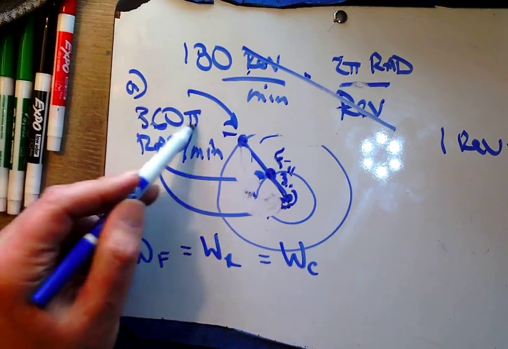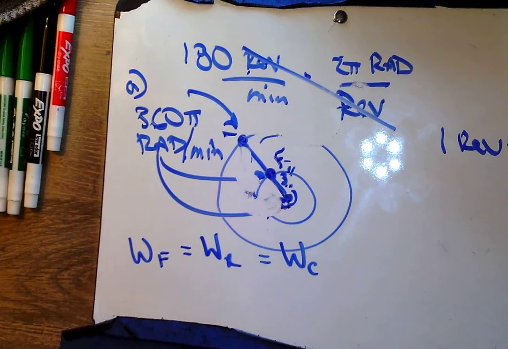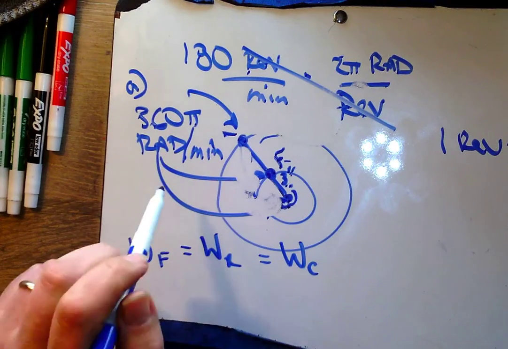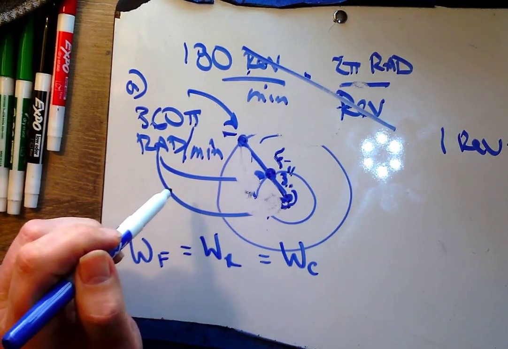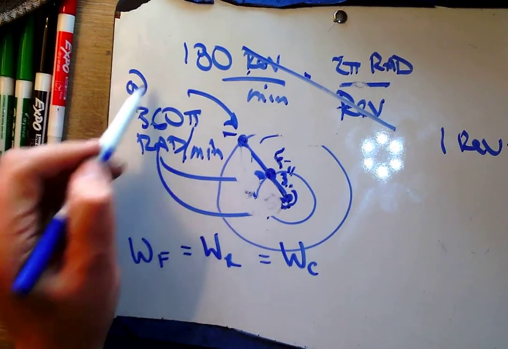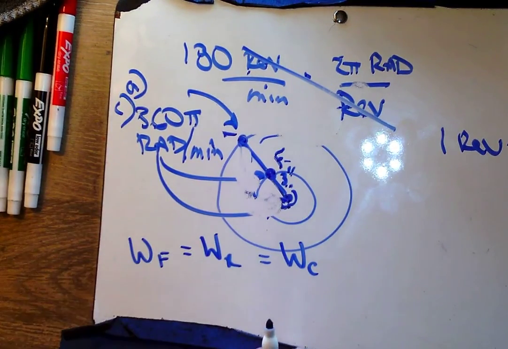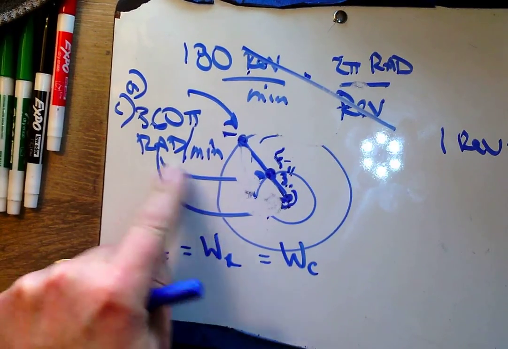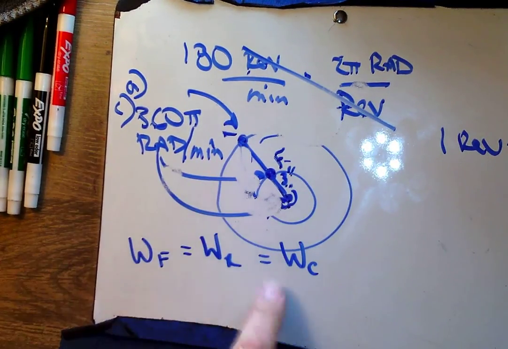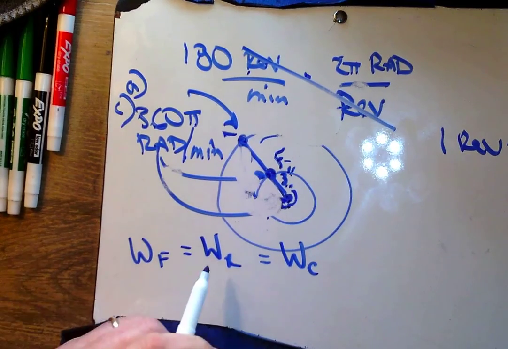So I know this answer, 360 pi radians per minute. That's going to be the answer anytime in this question, number 1, they asked me about angular velocity. Oh, look, in part C, they asked me about the angular velocity of the feather. Well, that's also on the same spinning disk, and therefore the angular velocities, they're all the same.